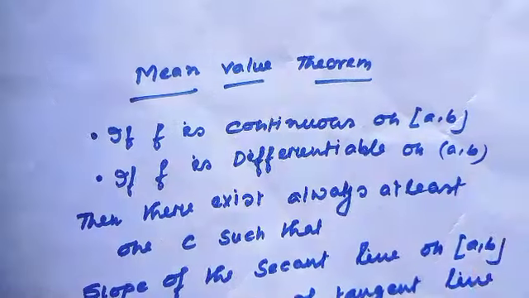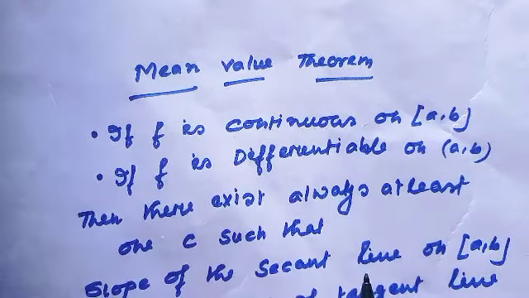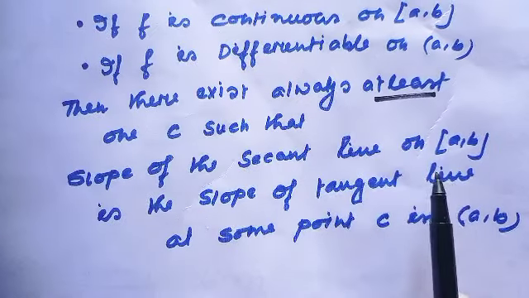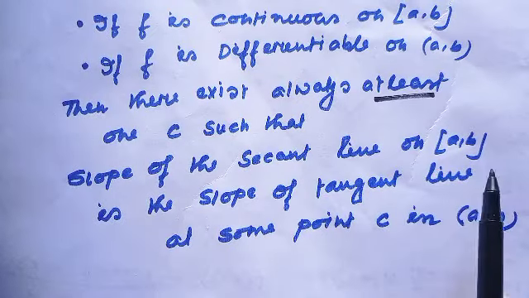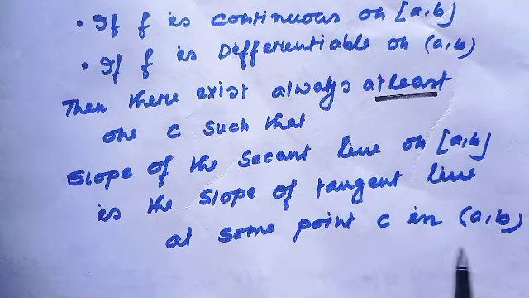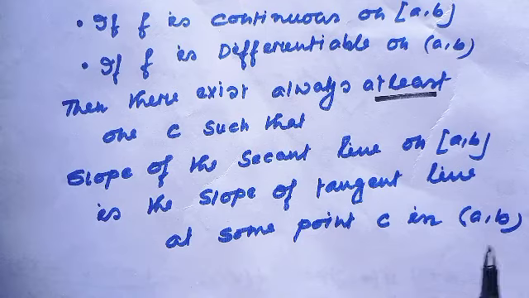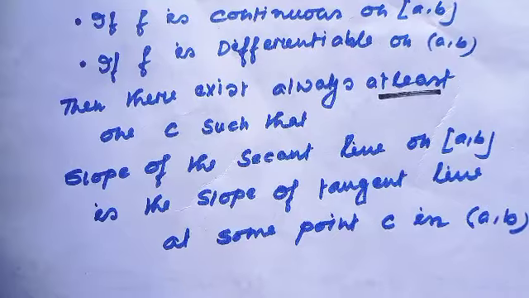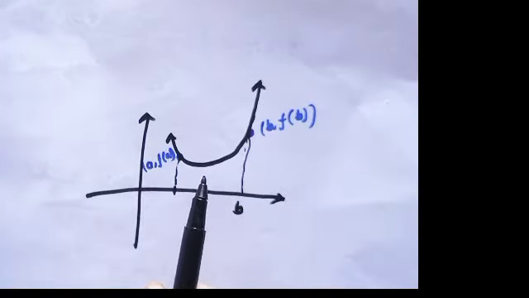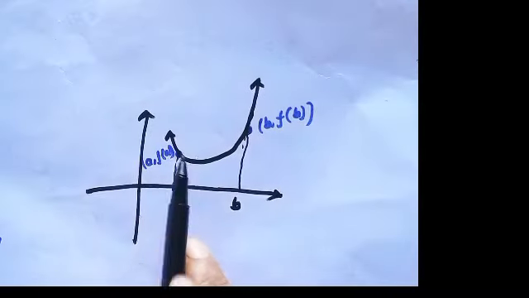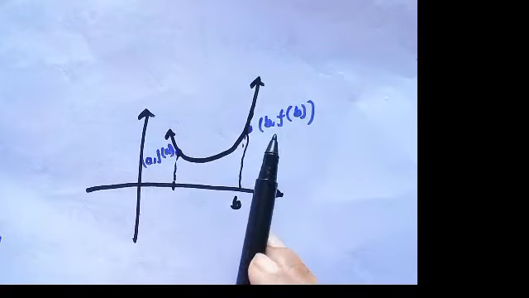then by the mean value theorem there always exists at least one point C such that the slope of the secant line on the closed interval AB is the slope of the tangent line at some point C in the open interval AB. This is the statement of the mean value theorem. See this statement graphically. I have some function, and here the point A, f(a), and here the point B, f(b).